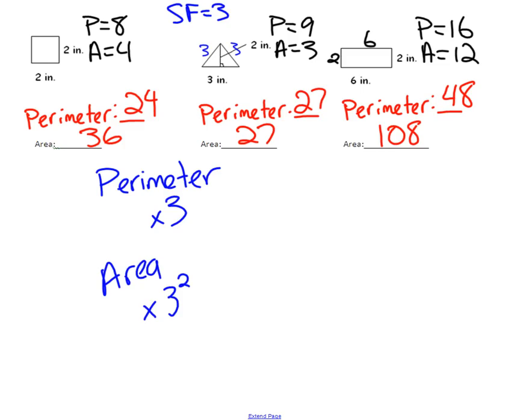Okay? So now we're going to do this one last time. But now we're going to use the scale factor of 4. So if we have a scale factor of 4, the originals still aren't going to change, correct? Yes.